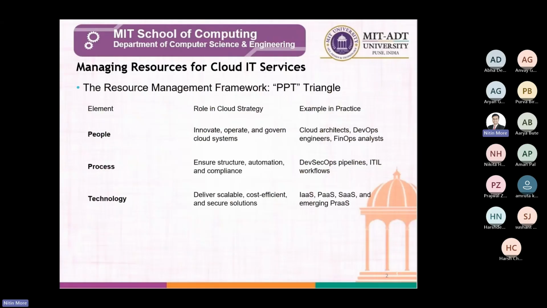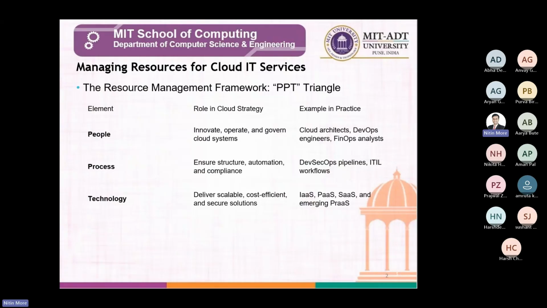So these are the three topics: people, process, and technology. So when an organization adopts cloud services like infrastructure as a service, platform as a service, software as a service, right? The real value is not automatic.